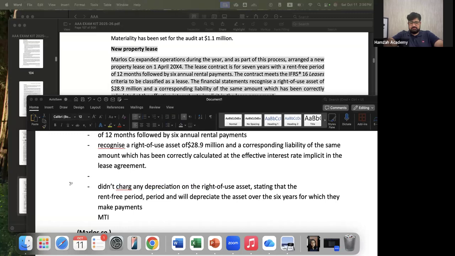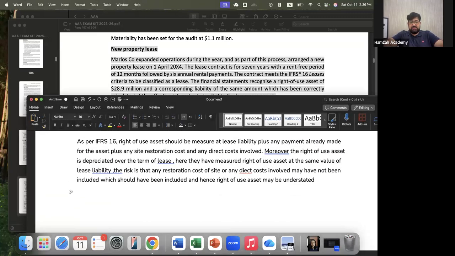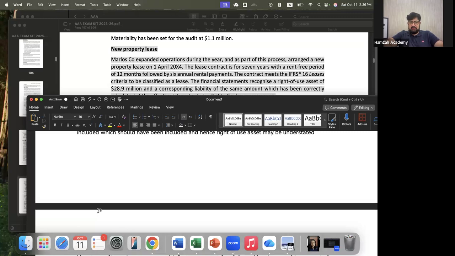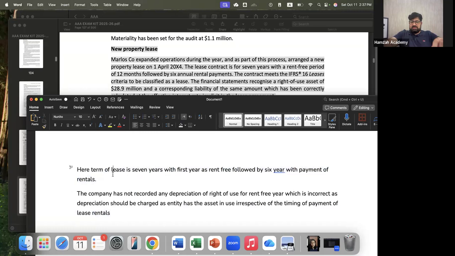Okay, they have not. So, what they have done? Now, applying to second part, depreciation. We said that it should be depreciated. So, here, terms of lease 7 year. This which is just a payment arrangement of 7 year lease agreement.